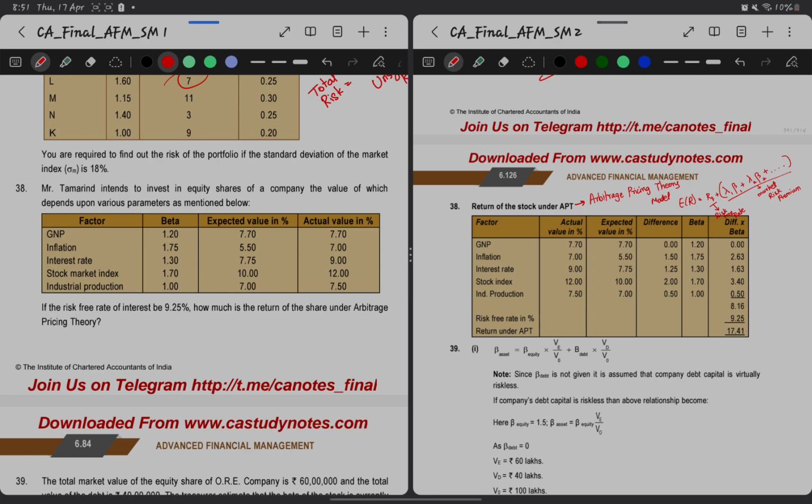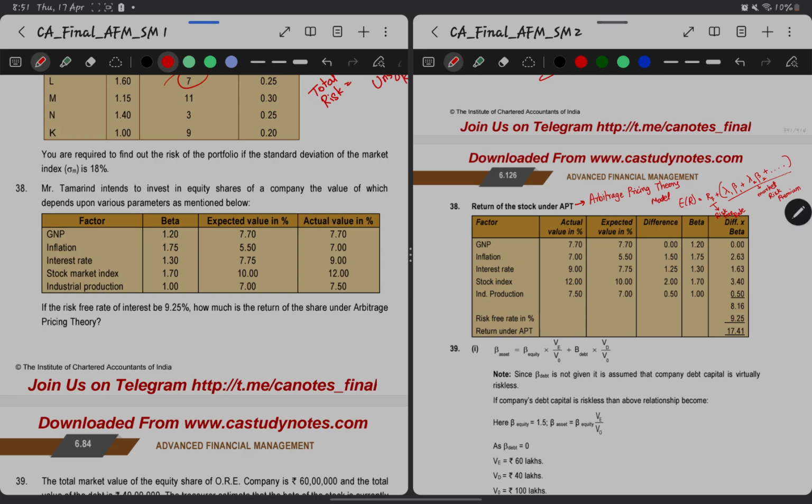The actual value minus the expected value will give us the change in value, which we multiply with the beta to get the change towards market return. The summation of all this plus the risk-free rate will give us the return under the arbitrage pricing model. That's what this sum specifies.